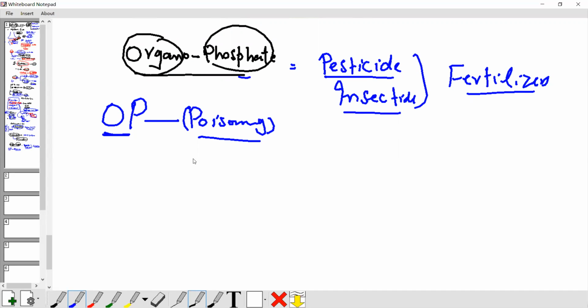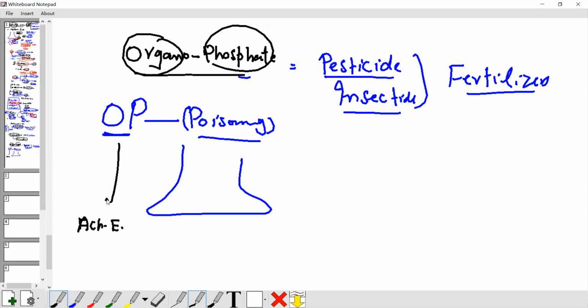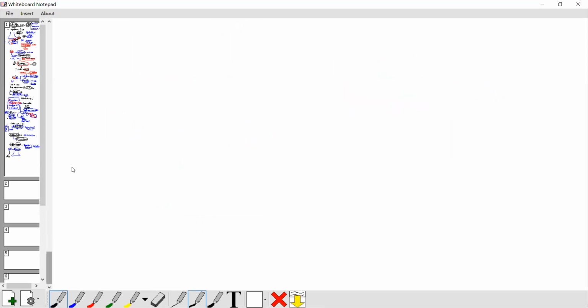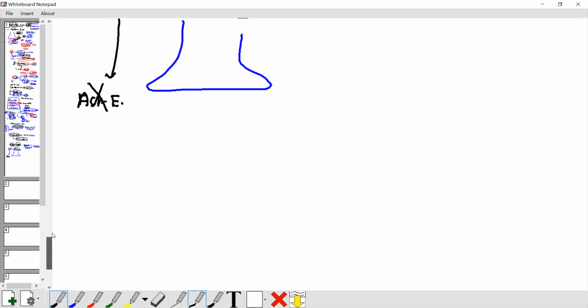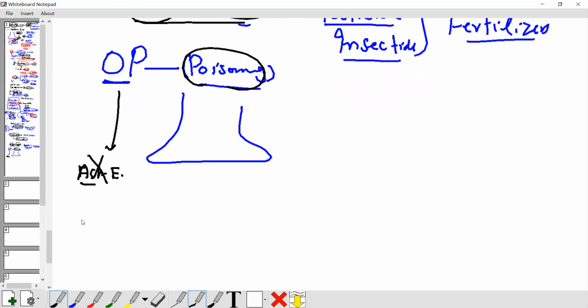This organophosphate enters your body and acts on an enzyme. Which enzyme? Acetylcholinesterase. If organophosphate enters your body, the acetylcholinesterase enzyme is blocked.